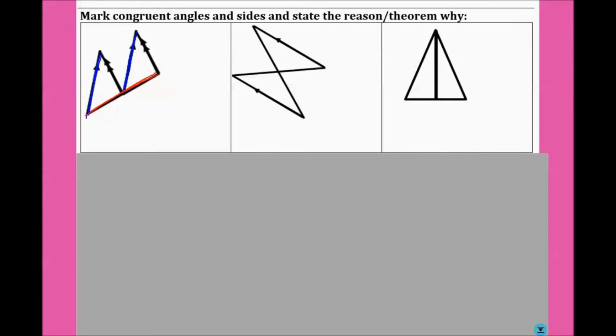And that information tells us that these two angles are congruent because they are corresponding angles. Similarly, these two sides are parallel, so these would also be corresponding angles.